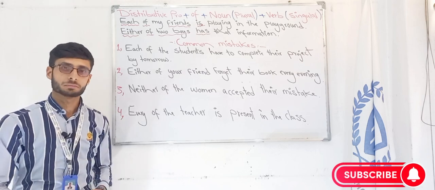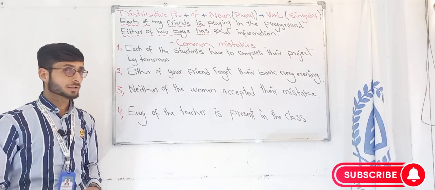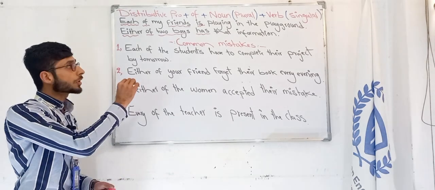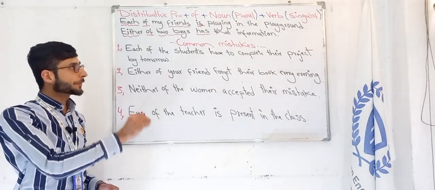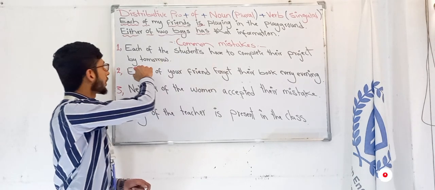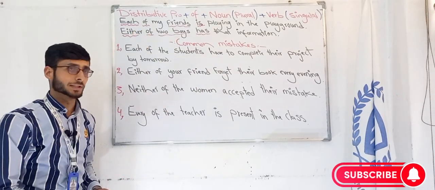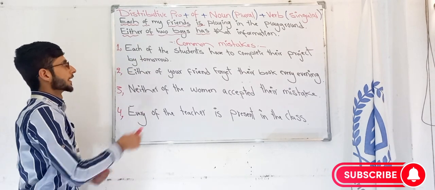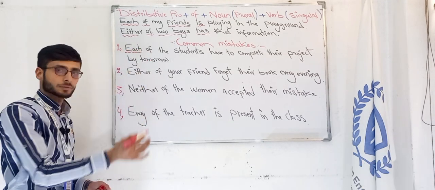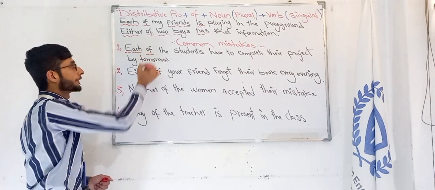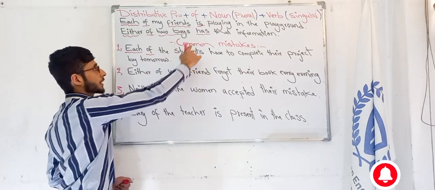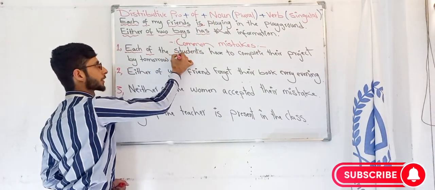What are these common mistakes? The first sentence that is written here: Each of the students have to complete their project by tomorrow. According to that structure, we have each, one of the distributive pronouns, then of. Then the students, a noun, it is plural, yes, it is correct.